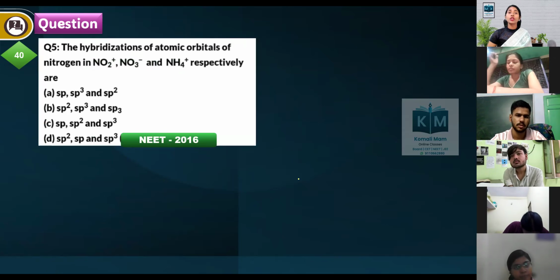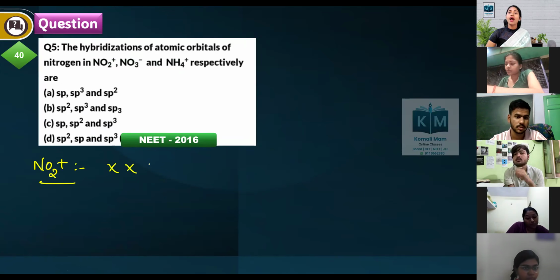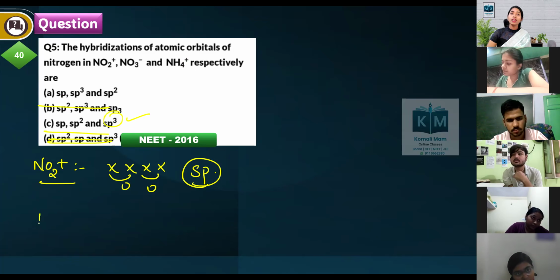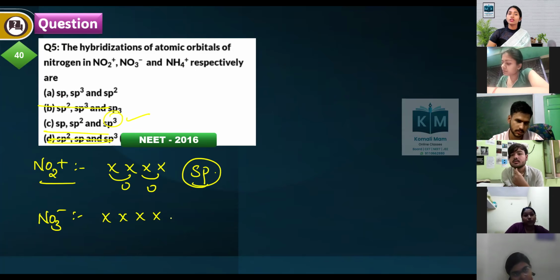The hybridization of atomic orbitals of nitrogen in NO2 plus, NO3 minus and NH4 plus. In NO2 plus, nitrogen has 5 electrons in the valence shell. After losing 1 electron, the steric number is 2, sp hybridization, which is the first option. Next, NH4 plus is sp3 hybridization. So option 3 is the correct answer. Now NO3 minus: nitrogen has 5 electrons in the valence shell.